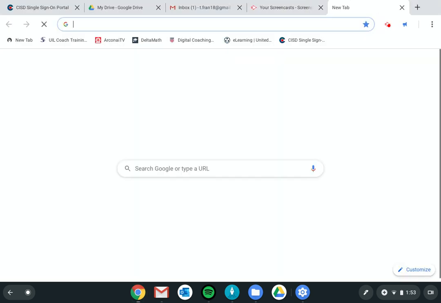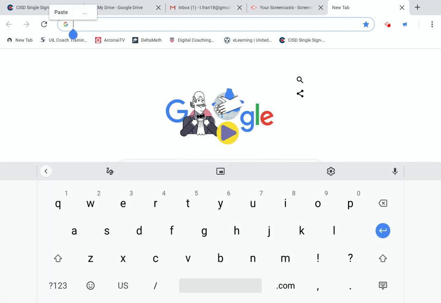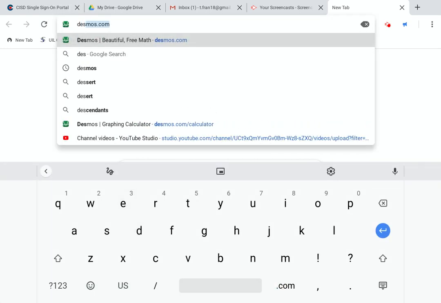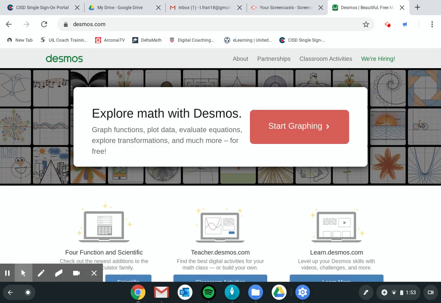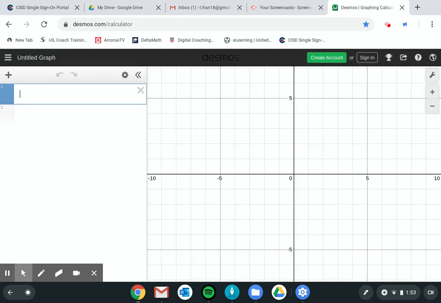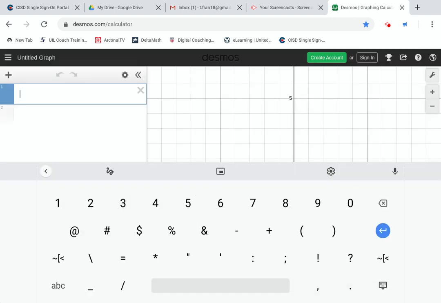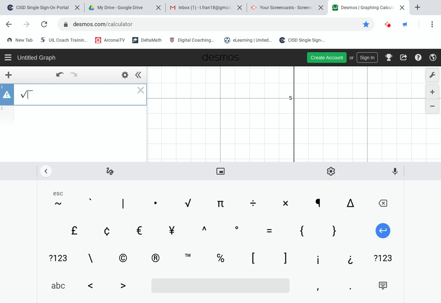So in this case, I'll use Desmos, just so we have a visual aid for you guys. Let's type in the square root of 162.